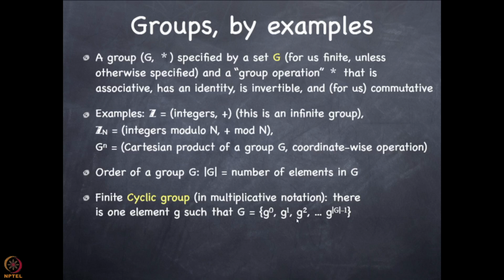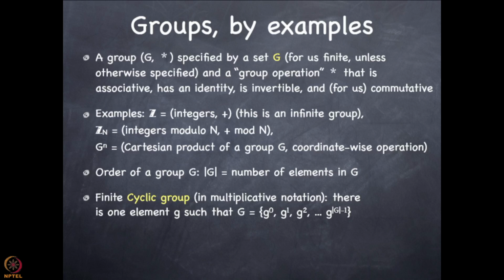By the way, there's a fact that if you multiply g to itself the order number of times, you'll get back the identity element. But if you multiply it up to the order of the group minus 1, you would have generated all the elements of G, starting with the identity element, g to the power 0.